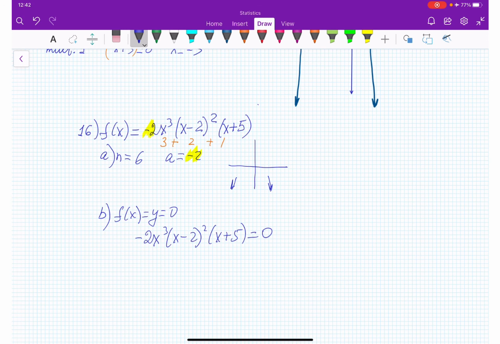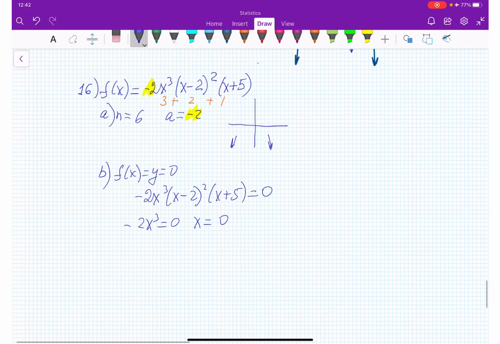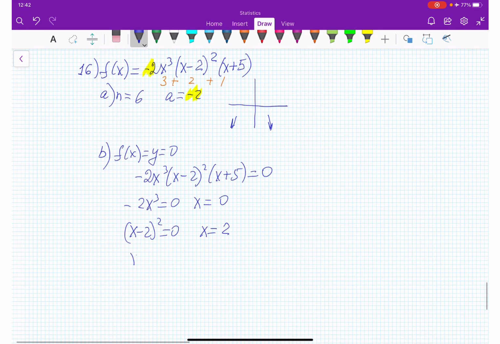From here, negative 2x cubed is equal to 0, which means x is equal to 0. Then (x minus 2) squared is equal to 0, which means x minus 2 is 0, so x is equal to positive 2. And here I have x plus 5 equal to 0, x is equal to negative 5.